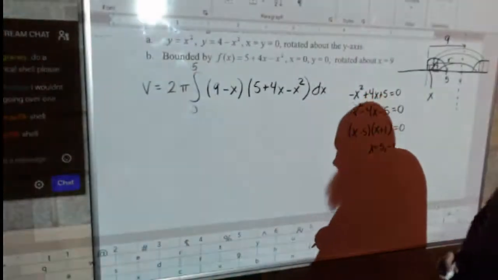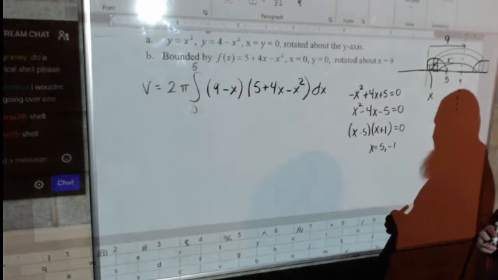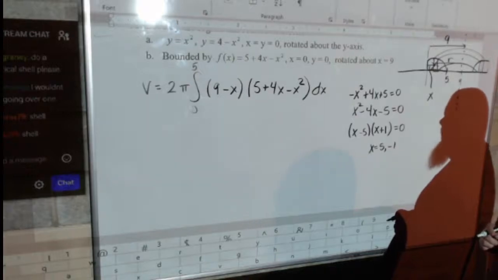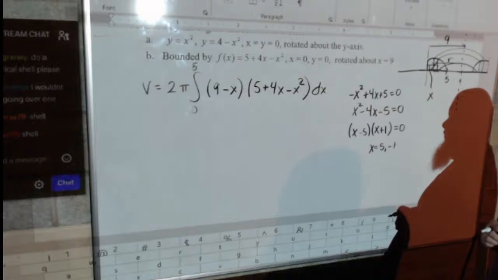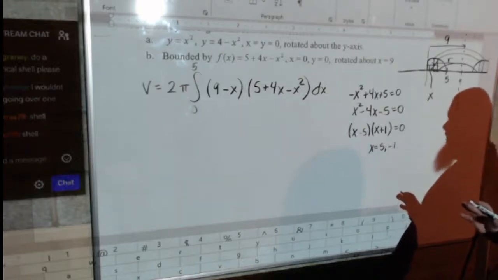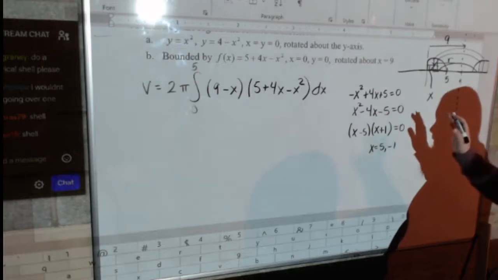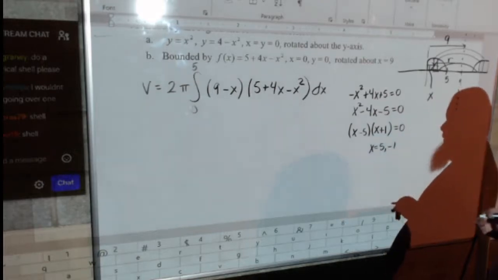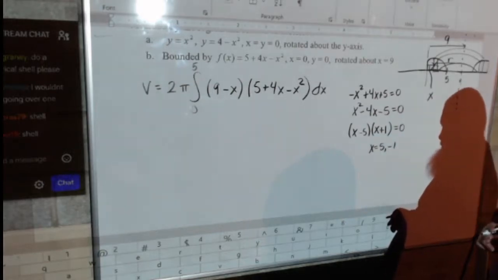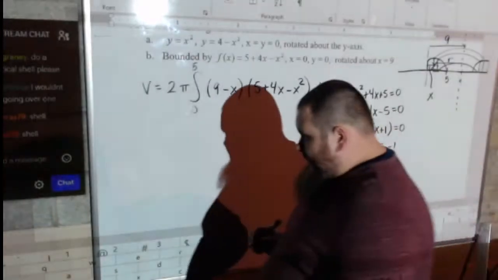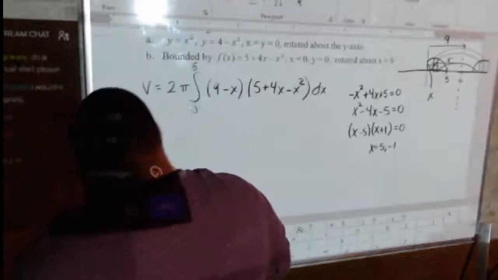So at that point, we would just need to multiply that all out and integrate. So before I do any of that, any questions about the setup? Actually, while you're answering that question, I'm going to go ahead and start writing this here.